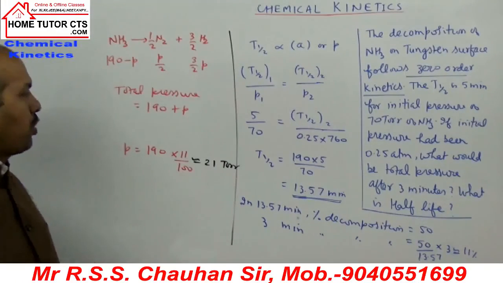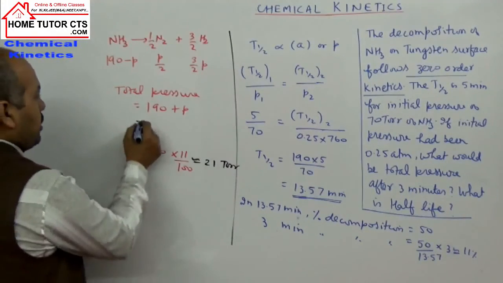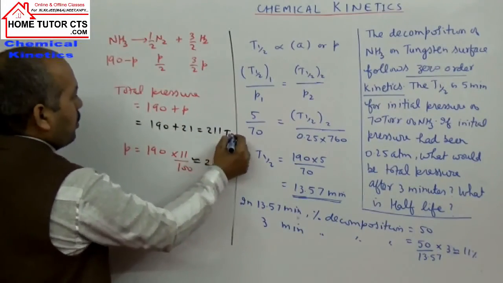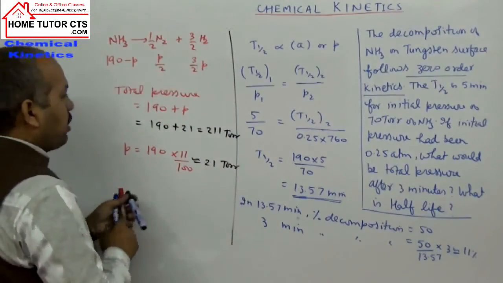So what is total pressure? 190 plus 21 can be taken 211 torr. It is the answer of second part of the question.